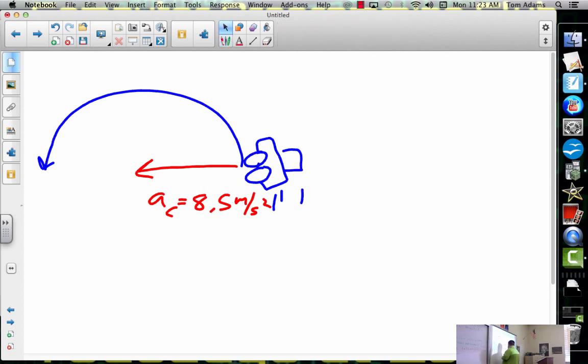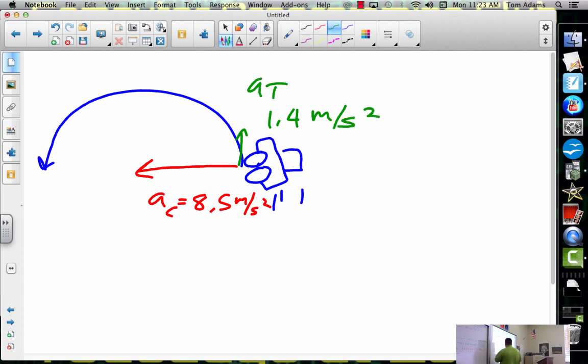All right? And then it's also going to have a tangential acceleration, okay? And that tangential acceleration is 1.4 meters per second squared. The resultant vector of those two vectors is what they're asking for. Does that make sense?